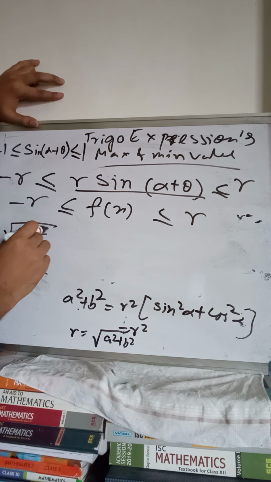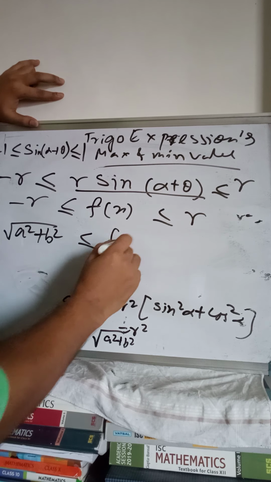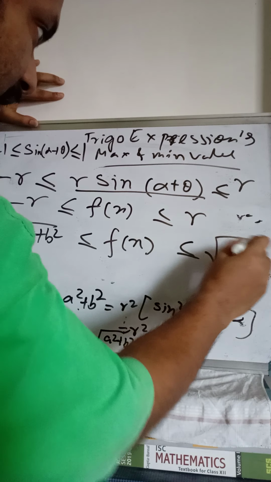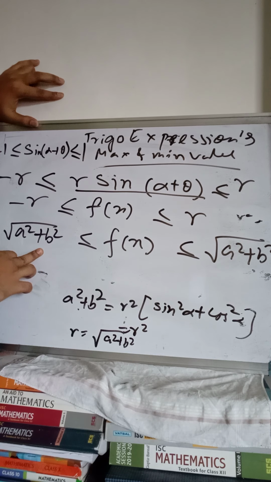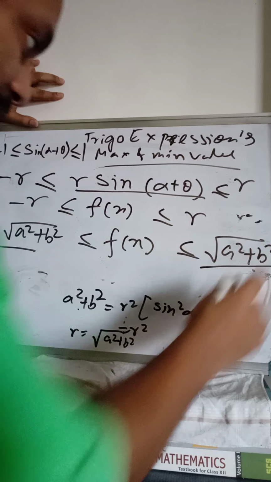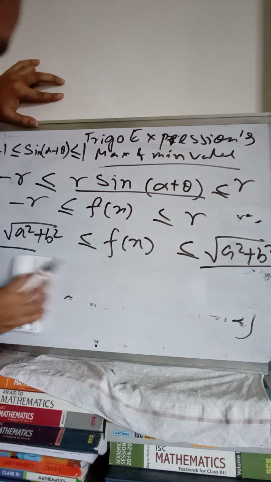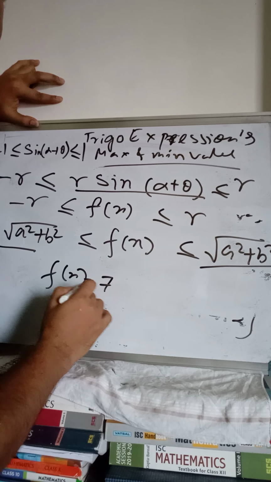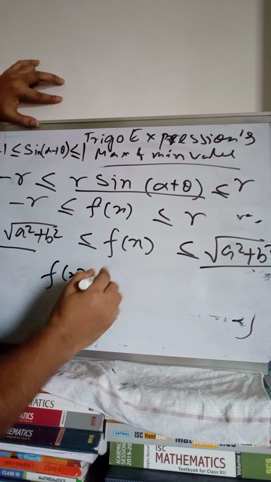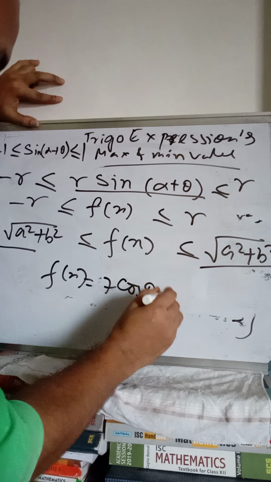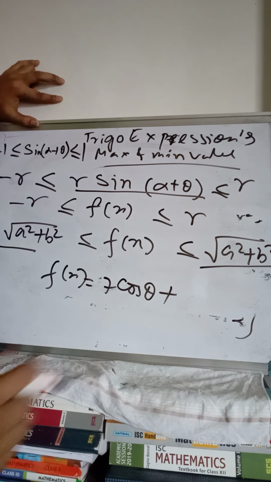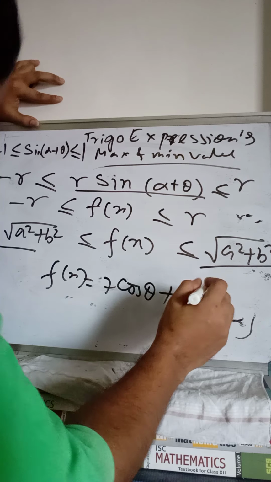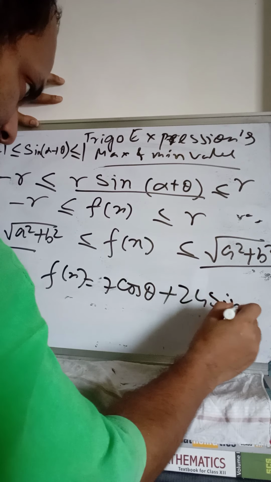So your f(x) value will lie between minus root of a square plus b square and root of a square plus b square. Whatever the value is given, suppose f(x) is given, suppose 7 cos theta plus 24 sin theta.